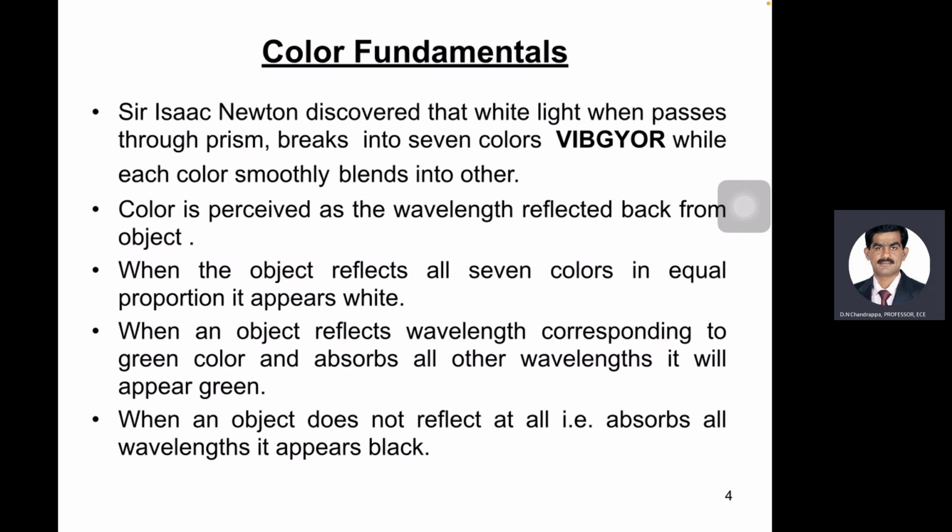When an object does not reflect at all, or it absorbs all wavelengths, it appears black. So this is a very basic fundamental concept. The same thing we are going to consider in this color image processing.